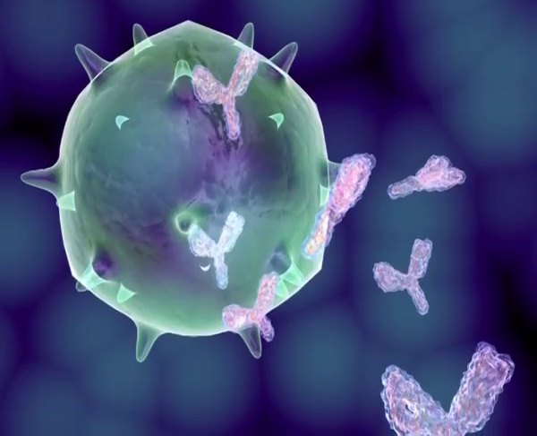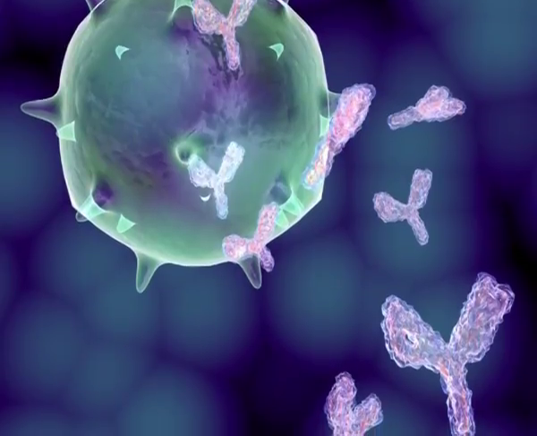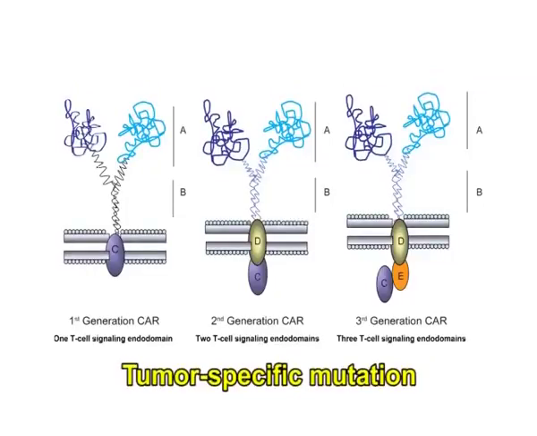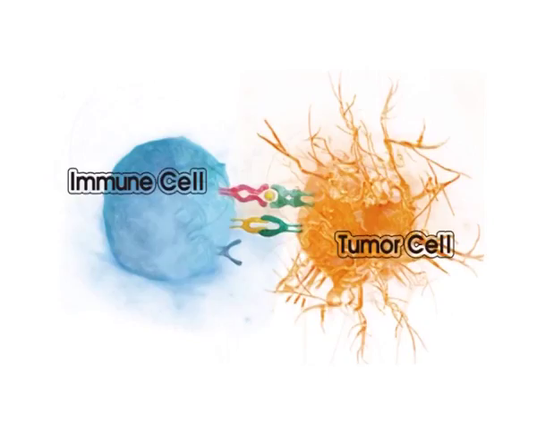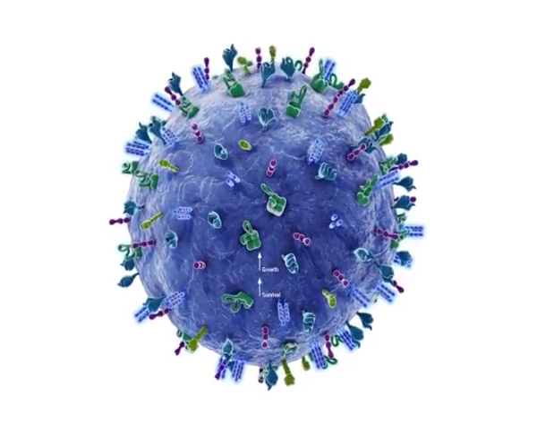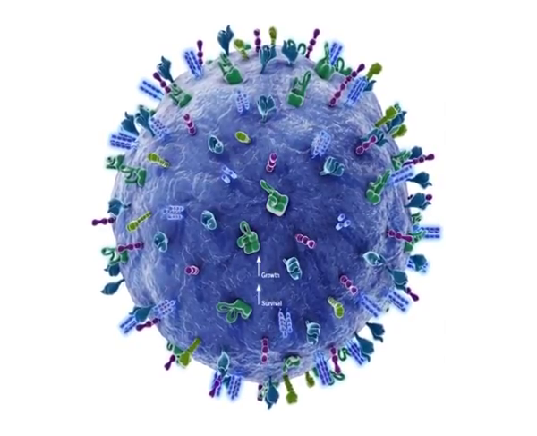Antigens found only on such cells are called tumor-specific antigens, that is TSAs, and generally result from a tumor-specific mutation. More common are antigens that are presented by tumor cells and normal cells, called tumor-associated antigens, that is TAAs. Cytotoxic T lymphocytes that recognize these antigens may be able to destroy tumor cells.